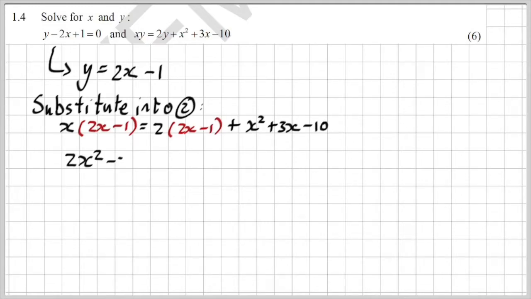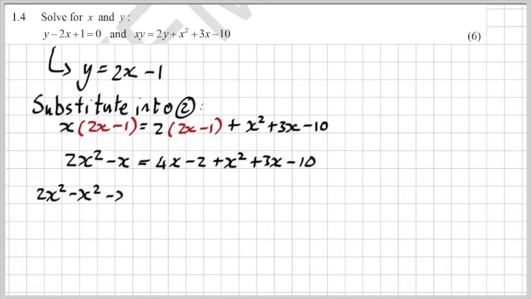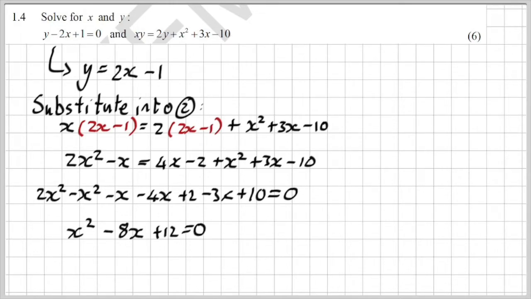If I remove my brackets, I can see that this is now a quadratic equation. With quadratic equations, I need equal to 0. So I'm going to take all my expressions and put them on the left-hand side, which means x squared minus x plus 12 is equal to 0.